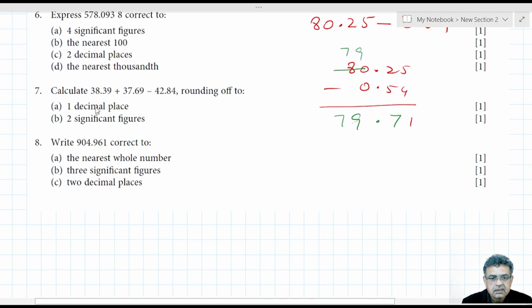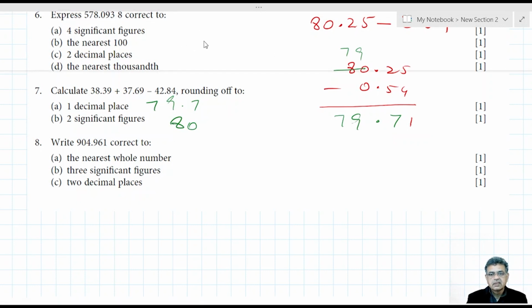Okay, we have to give the answer correct to one decimal place, 79.7. Correct to two significant figures, that will be 80. If we round it off, this is one significant figure, but we can consider it two significant figures as well because we have no other choice. So this will be 80.